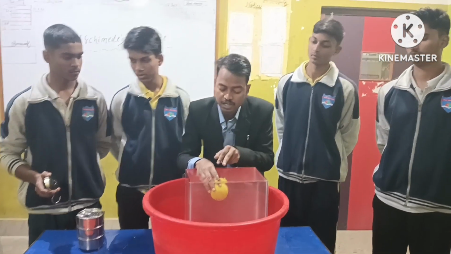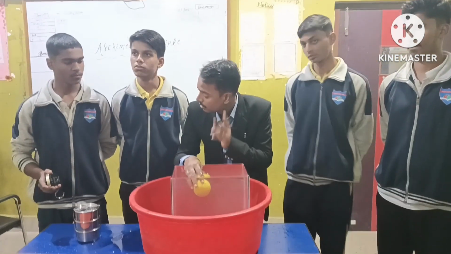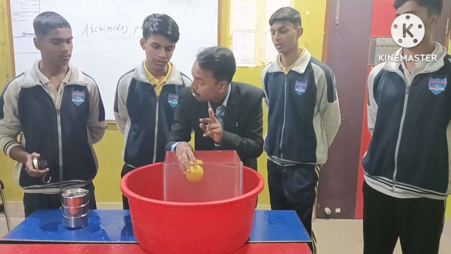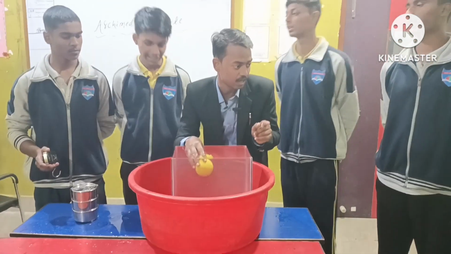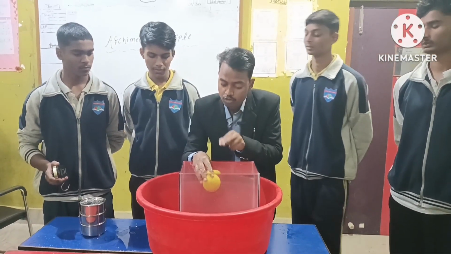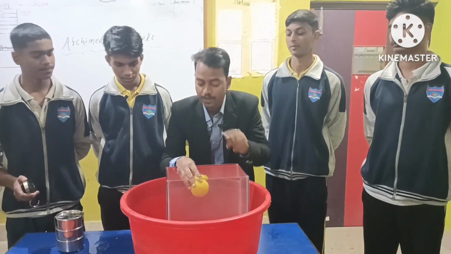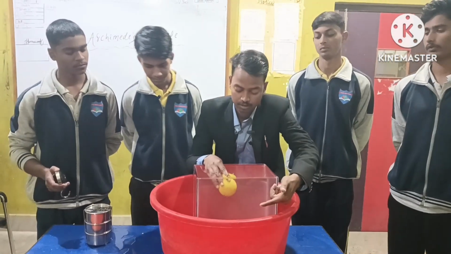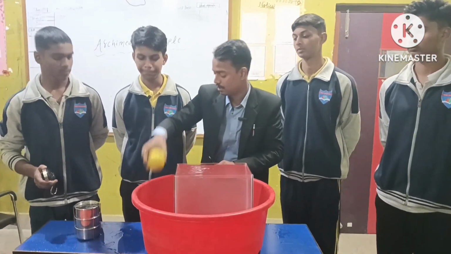Suppose that its weight in the liquid is 180 gram. Then there is a loss of 20 gram. The loss of weight is 20 gram, and the loss of weight is equal to the weight of displaced water. Understood? Yes. Now we do it through activities.